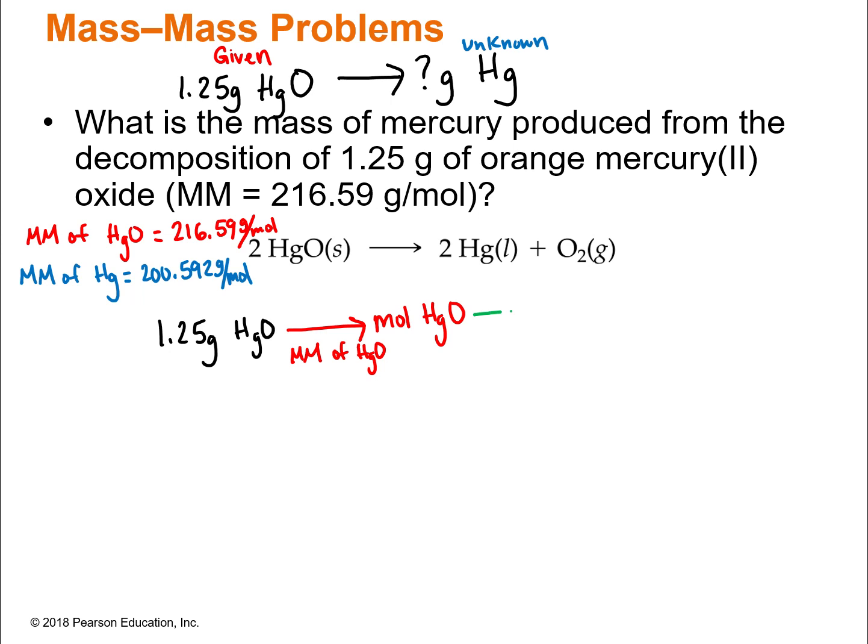Then we have to use a mole-mole ratio, or a mole ratio, mole-mole factor. There's so many different names for the same thing. That will get us to the number of moles of mercury that are produced.